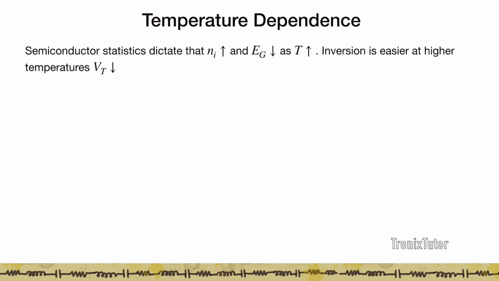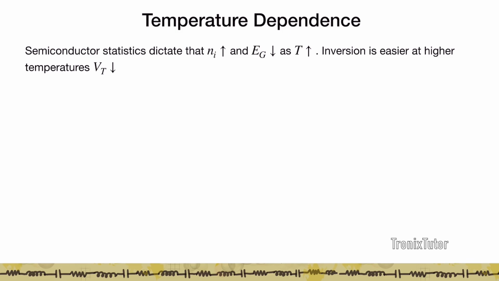Last thing I want to talk about is the temperature dependence. We know that semiconductor performance is a very strong function of the temperature. And therefore it is very critical that whenever you design a new device, or a circuit block, it's important to characterize its performance over the expected range of temperature.